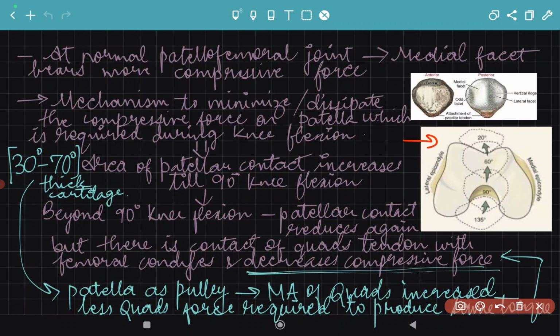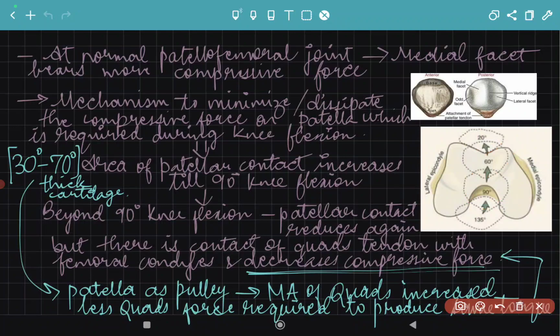As we can see in this diagram, this is the start of knee flexion. Now see, as the knee flexion progresses from 60 degrees until 90 degrees, the area of patellar contact with the femur is more, around the femoral condyles. As in flexion, the patella will glide inferiorly, moving down around the femoral condyles this way, so the patellar contact with the femur is increasing.